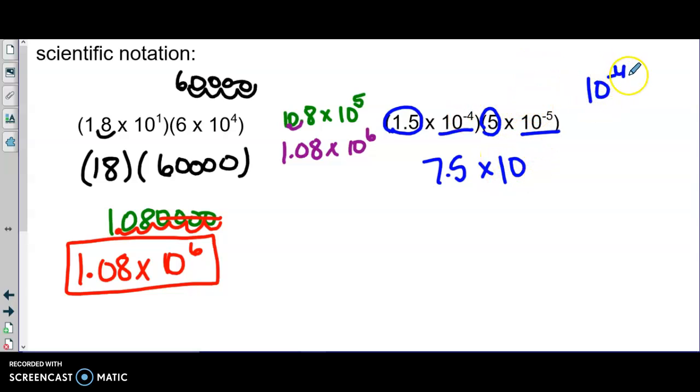So I'm going to write this up here. Negative 4 plus negative 5 is negative 9. Now I'm going to double check and make sure my decimal is in the right spot. It has to be after the first number that's not 0. And in this case, it is in the right spot. So that is our answer. Just always double check that because up here it was not in the right spot. So we had to move it one place and change our exponent.